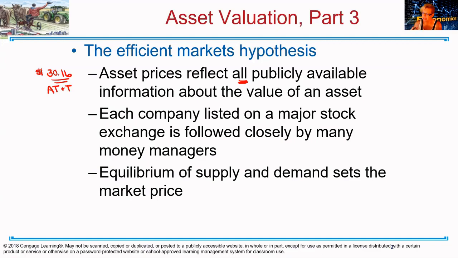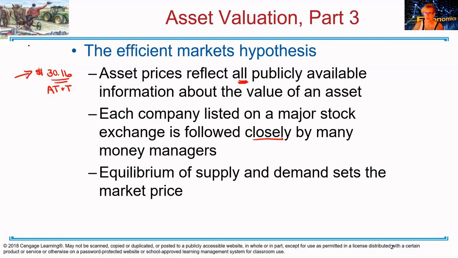Now, again, each company is closely monitored by money managers, and that's why you hire someone to do this on a full-time basis. So let's just say AT&T was talking about some new technologies. Well, that information about that new technology is already in the stock price, which is published.